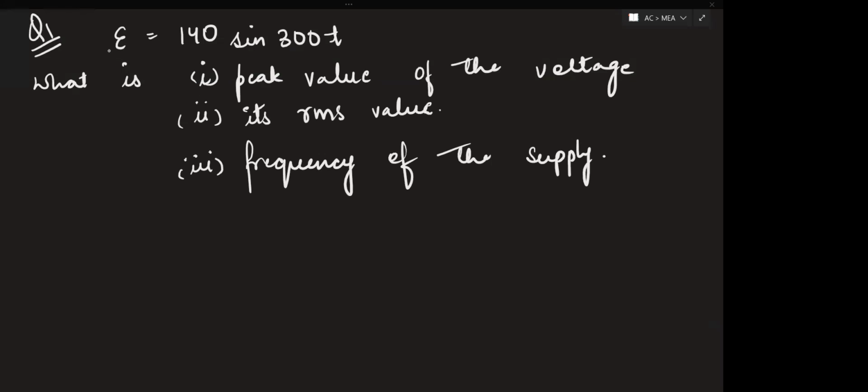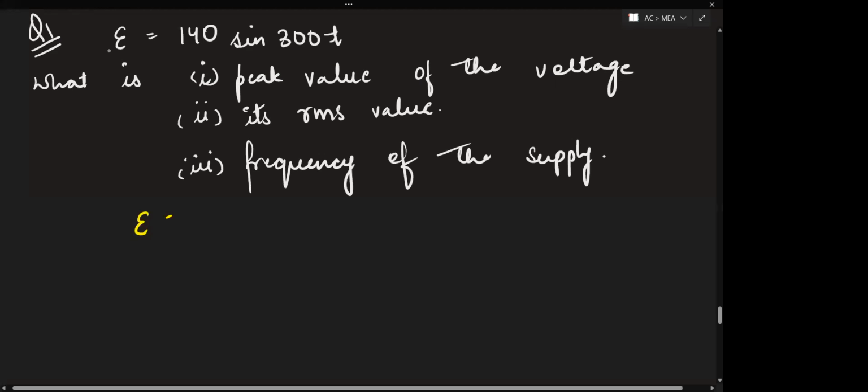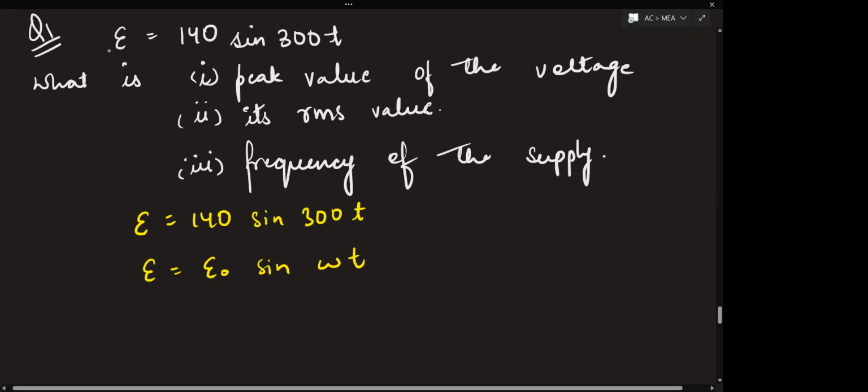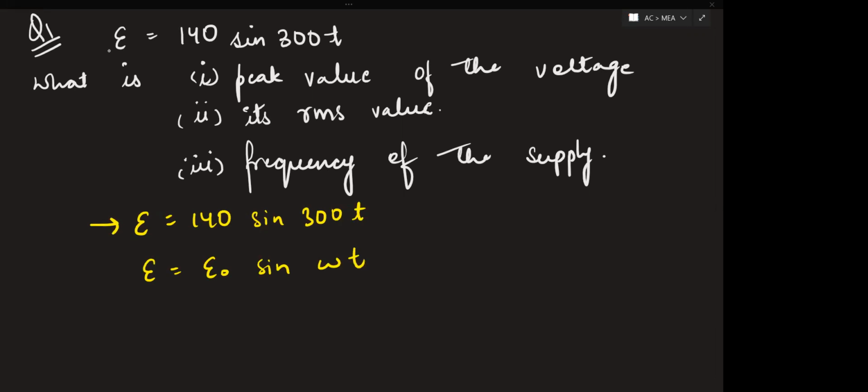See class, in this question, what is the instantaneous value of EMF that is given? 140 sine 300 t. This is given. What was the main equation? E is equal to E naught sine omega t. So without calculation, can you tell me what is the peak value from this equation? 140.